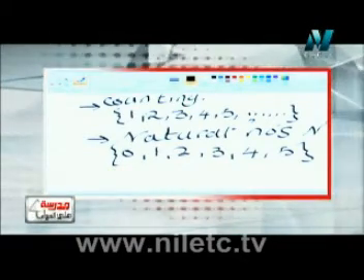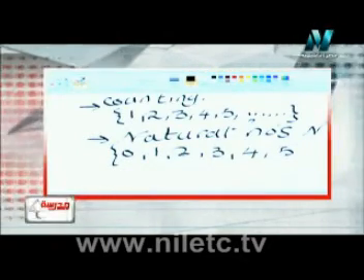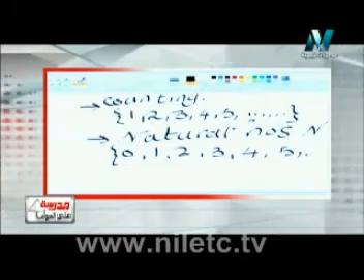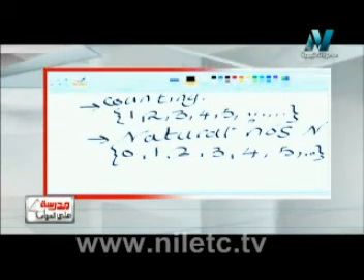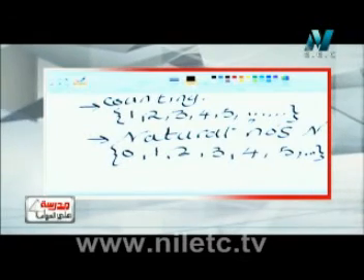We can open the brace: 0, 1, 2, 3, 4, 5, and so on. But here, some operations can't be done in the set of natural numbers. Like if I say 5 minus 2 equals 3, so 3 is an element in the set of natural numbers.